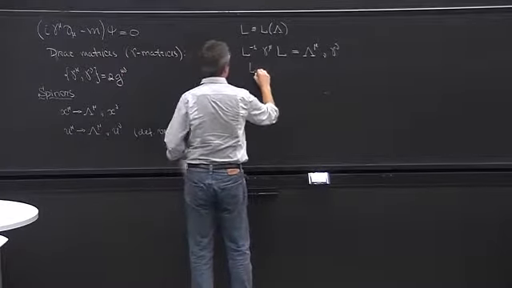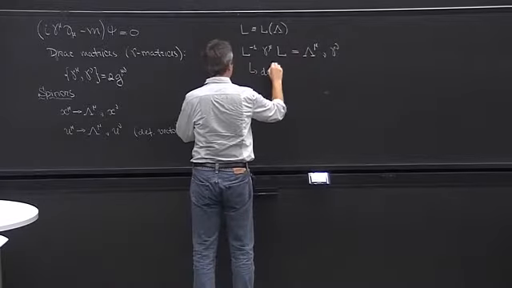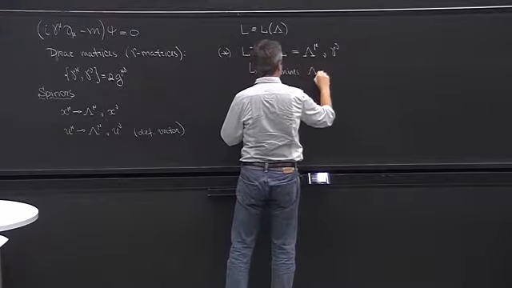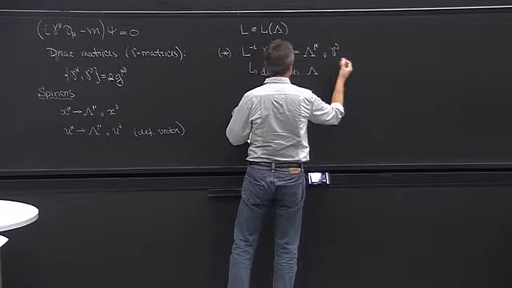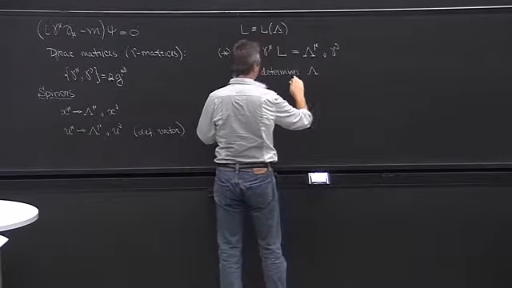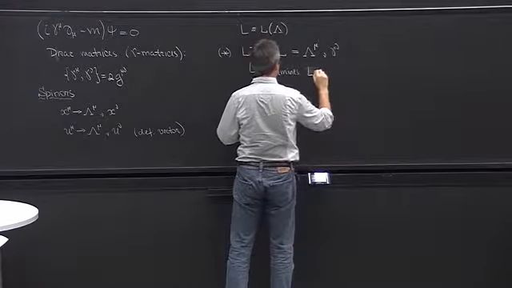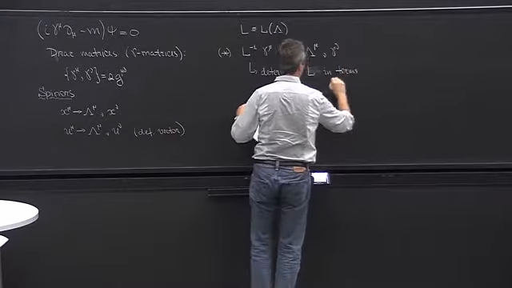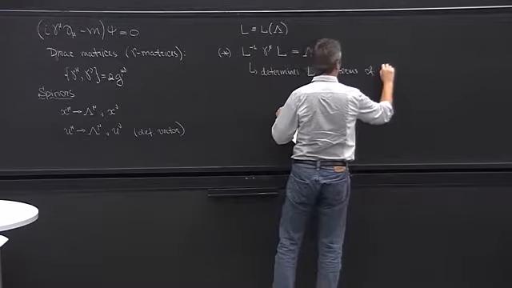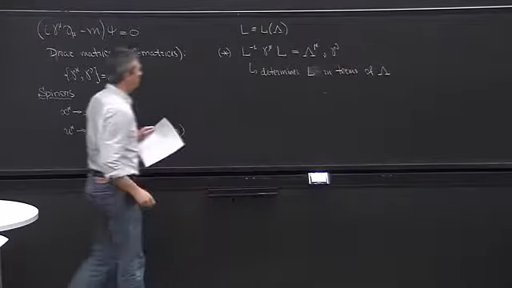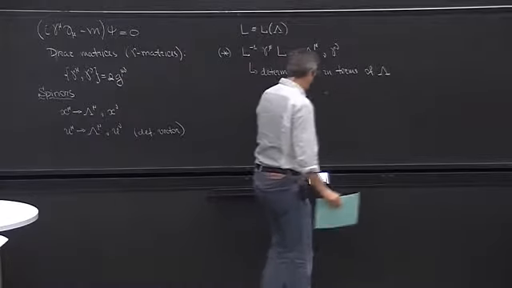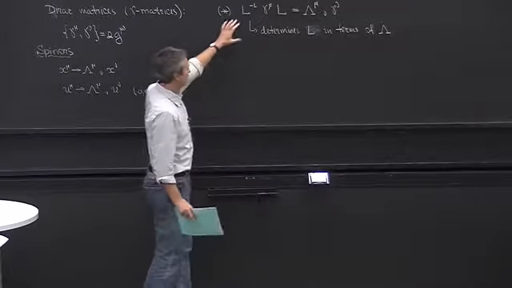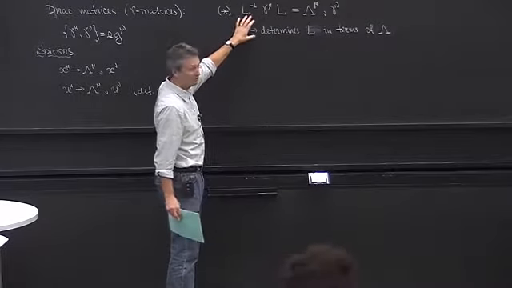So this equation determines L as a function of lambda. And in the previous lecture, I started to describe how to solve this equation, how to find L given the lambda.